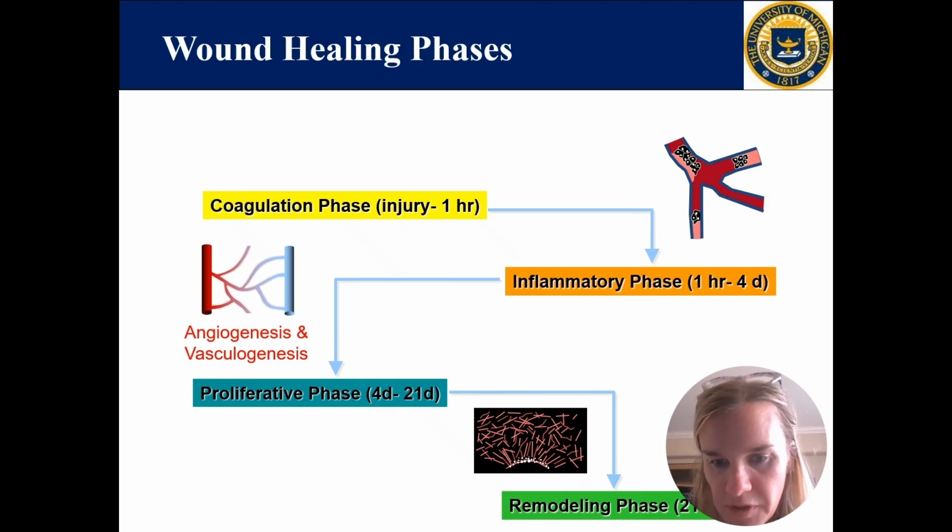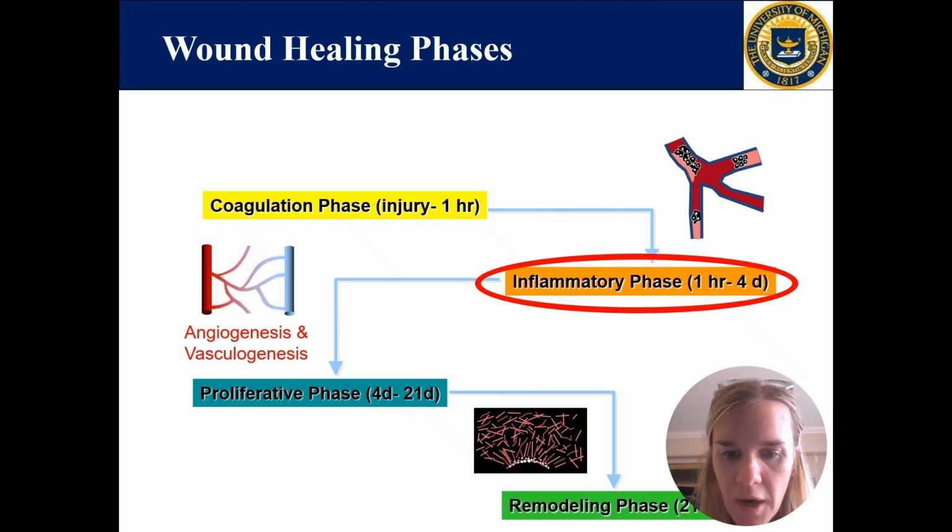My lab particularly focuses on this inflammatory phase and looking at the macrophages and their transition, although in the setting of diabetes, there have been multiple cell types, particularly fibroblasts, keratinocytes, endothelial cells that are involved in these proliferative and remodeling phases that have also been shown to be epigenetically altered in the state of disease.